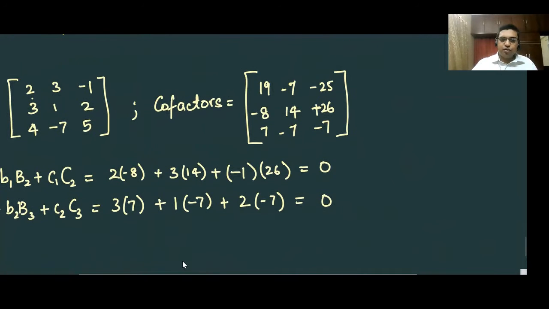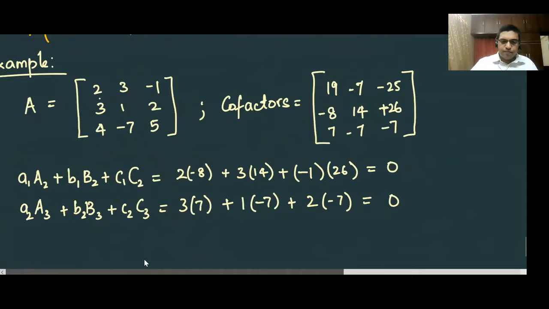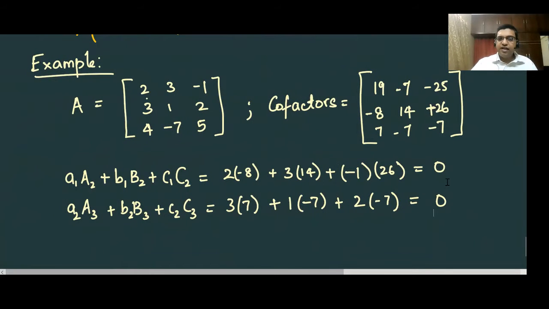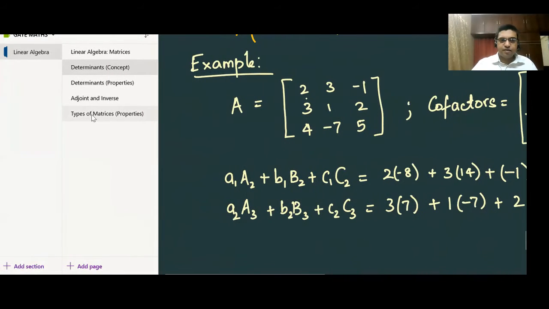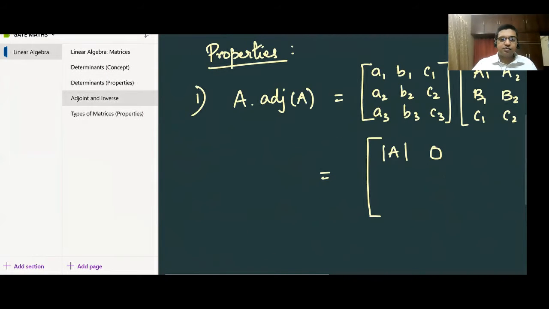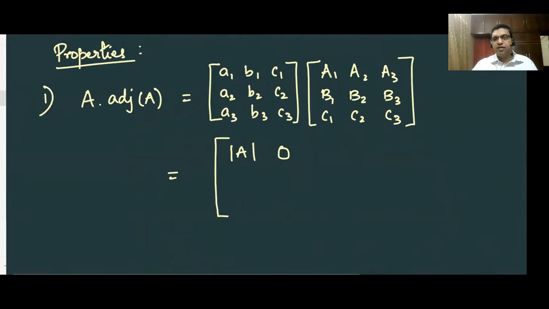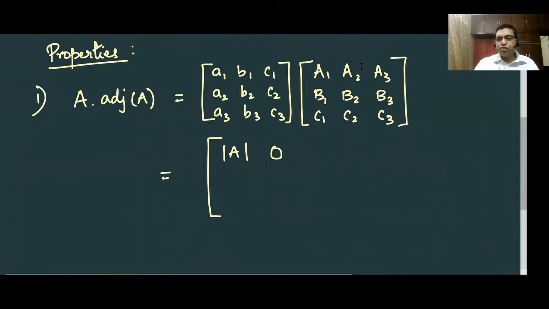elements of one row multiplied by the cofactors of another row, we get 0. So that's what we have got here. Next, elements of the first row multiplied by the third column. So this is the cofactors of the third row.